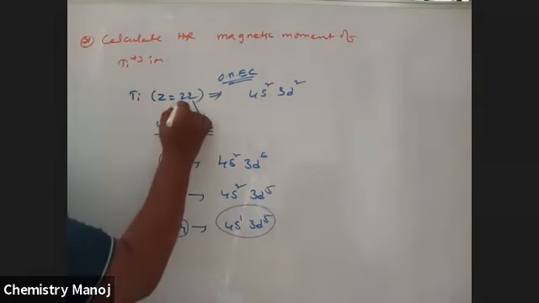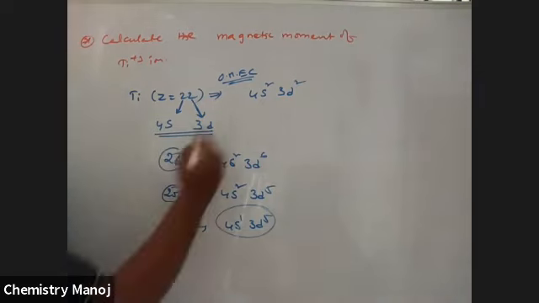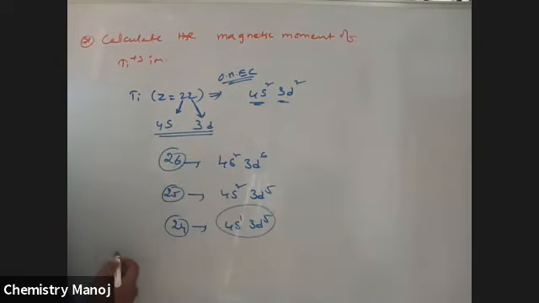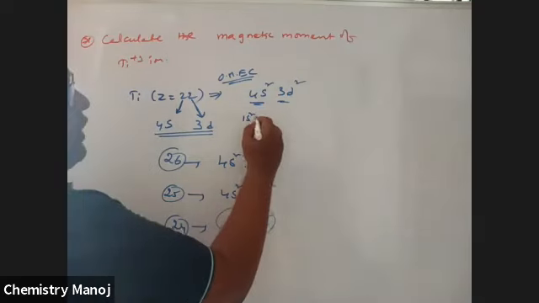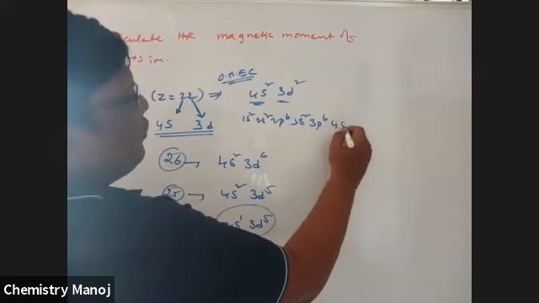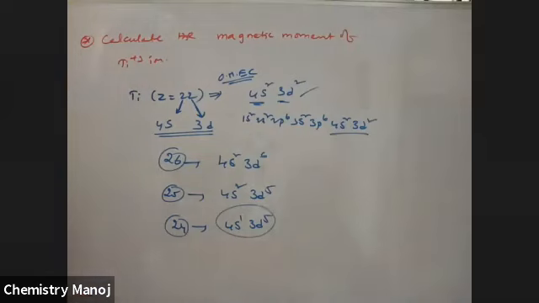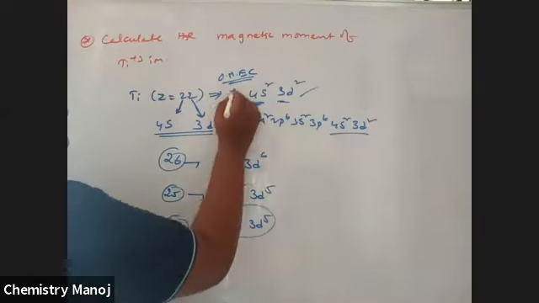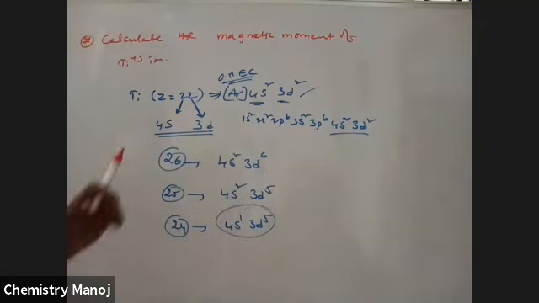First s is for the 4s orbital, second one is for the 3d orbital. So 22 means 1s2, 2s2, 2p6, 3s2, 3p6, 4s2, 3d2. That is argon 4s2 3d2, the outermost electronic configuration.